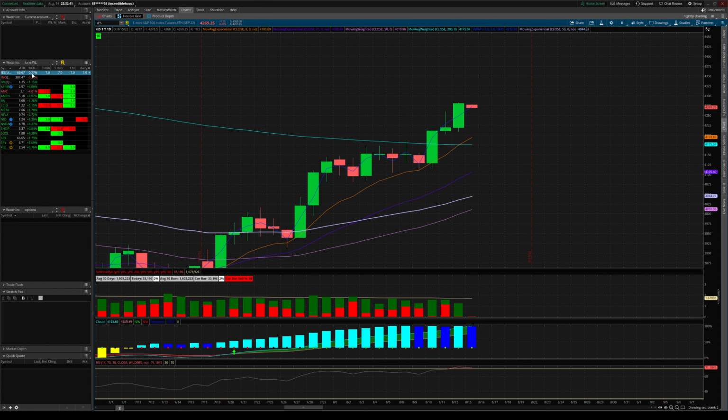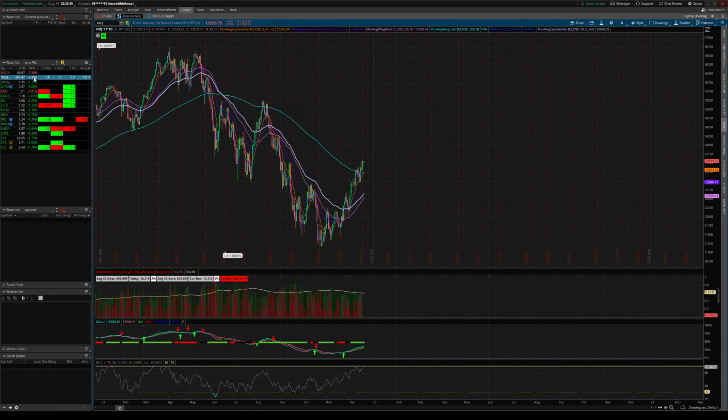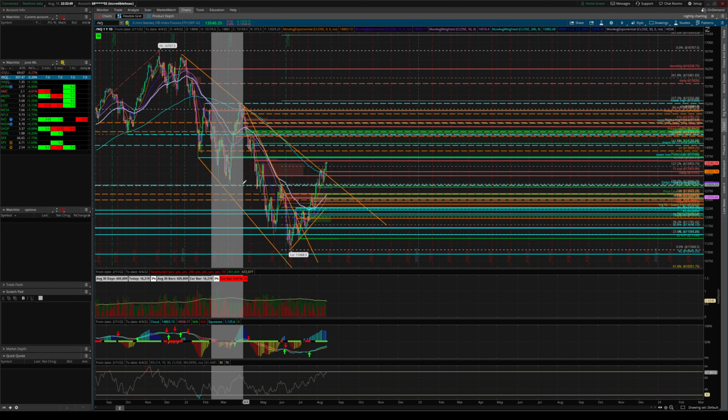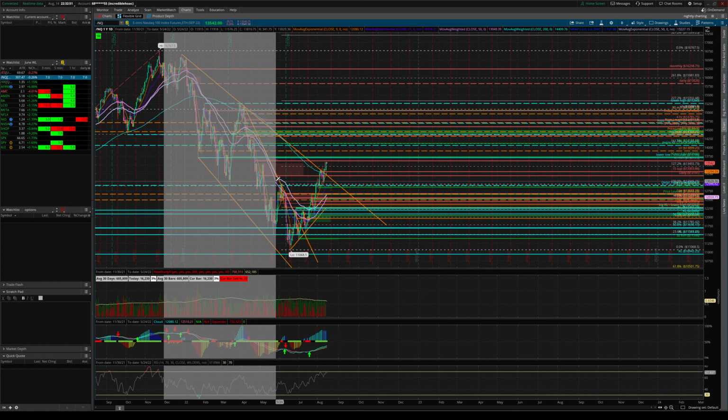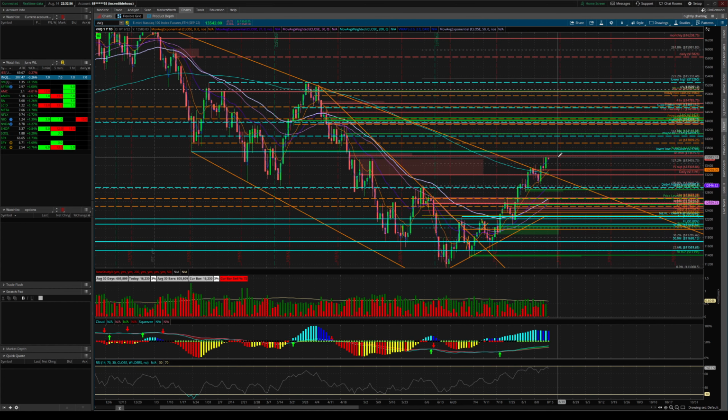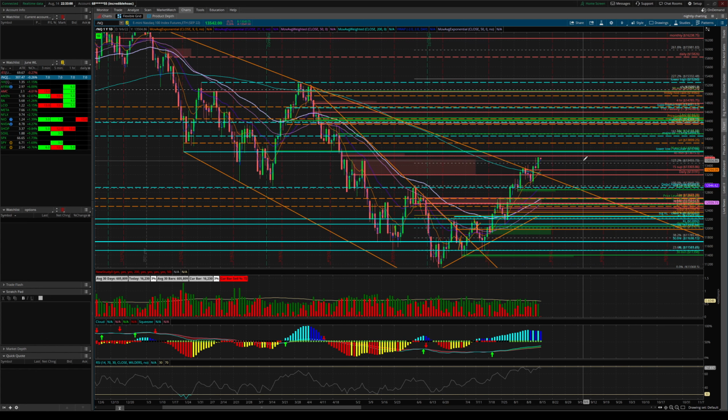So now that we are done with ES, let me move on to take a quick look at NQ. And usually, to be honest, I don't chart NQ as much because ES is my primary ticker that I look at in terms of overall market direction. NQ I'll look at every now and then, but for the most part, they move hand in hand.